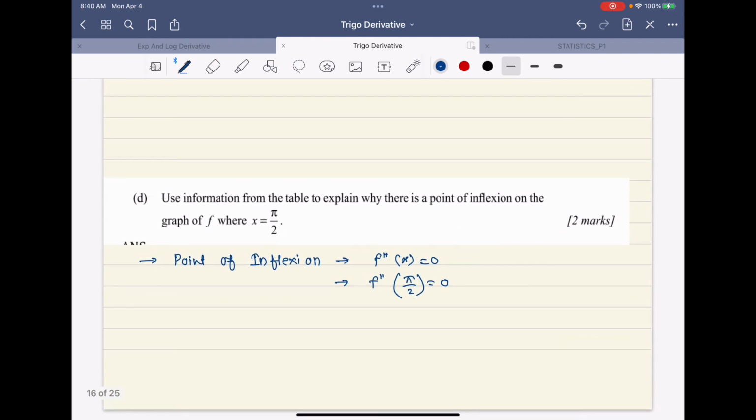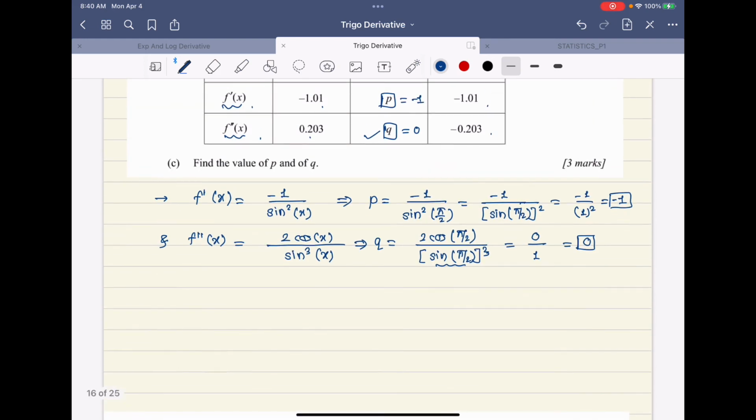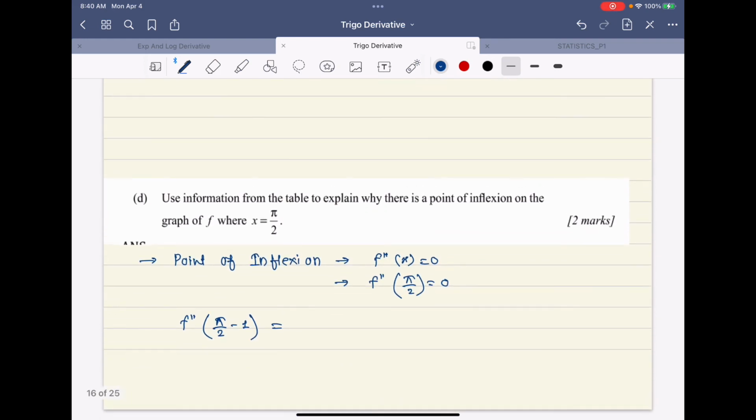Before pi by 2, that means f double dash at pi by 2 minus 0.1 is 0.203, which is greater than 0.